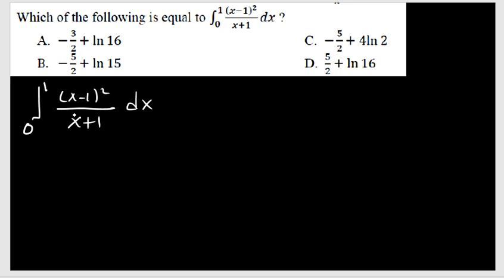As you see here, the numerator part is degree 2, which is quadratic, but the denominator part is degree 1. So we need to divide.